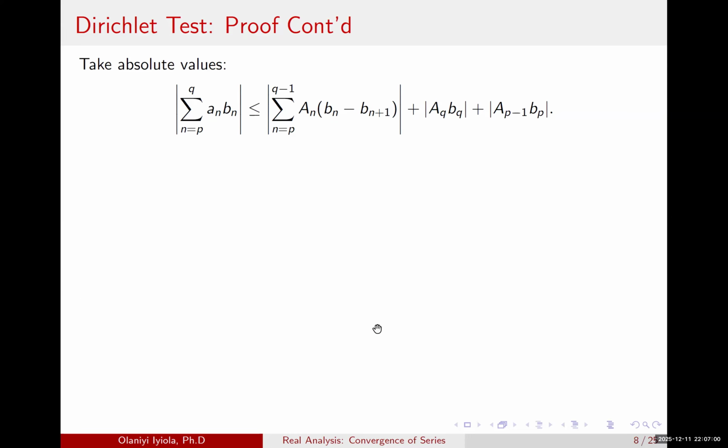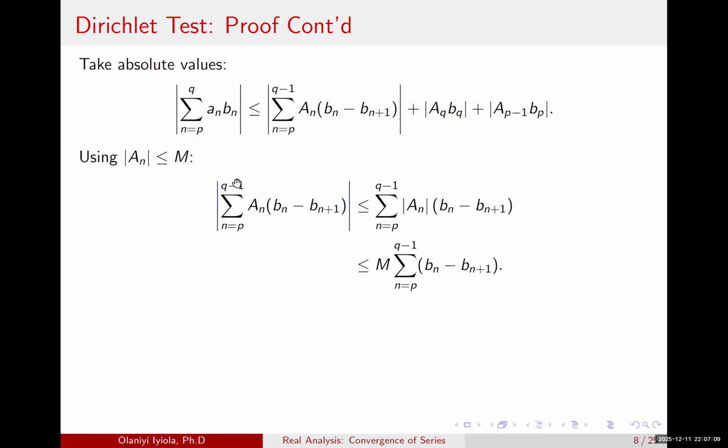And then again, because of the absolute value of the sum, I can use the triangle inequality on the first term on the right-hand side also. So it's going to be less than or equal to the absolute value of this. Now, the partial sum is bounded by M, so we pull out the M that is not dependent on n any longer.